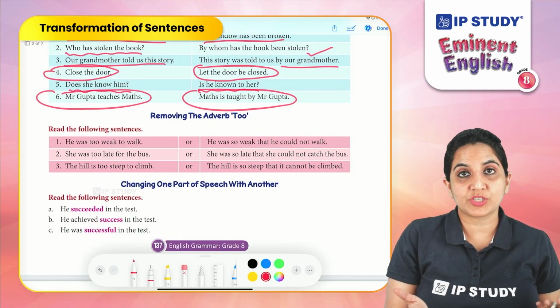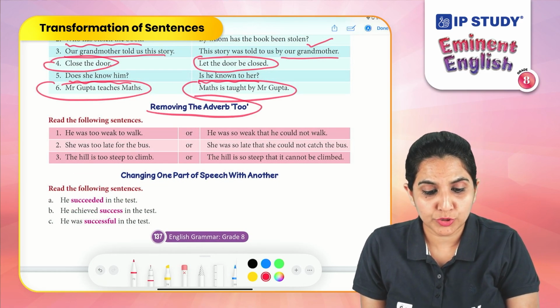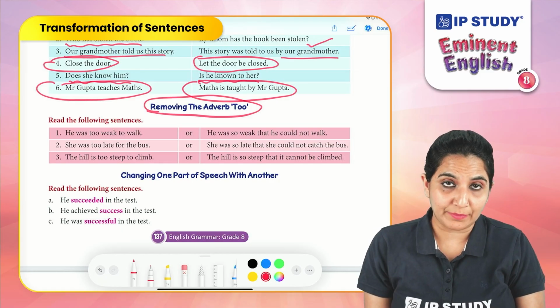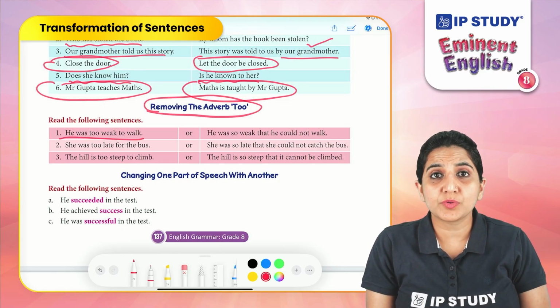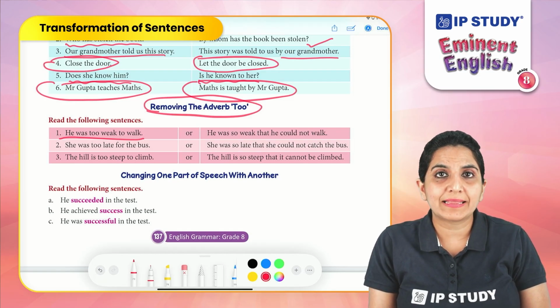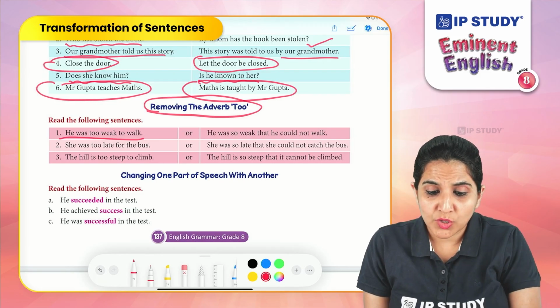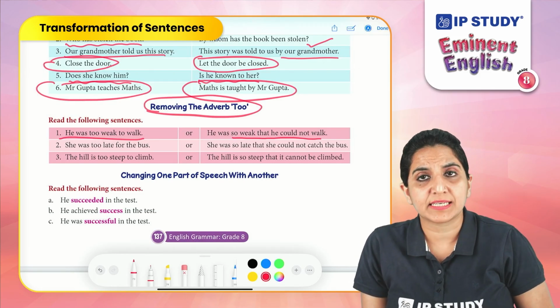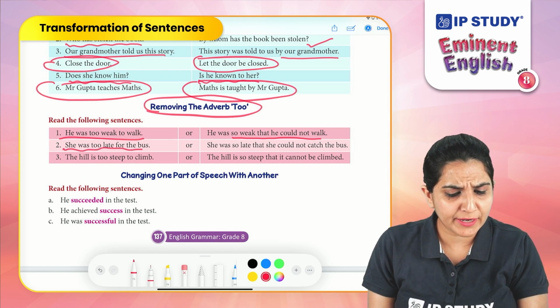Now we can also change or transform a sentence by removing the adverb too. For example, he was too weak to walk. We can also transform this sentence by using so that, and we can say he was so weak that he could not walk. She was too late for the bus.